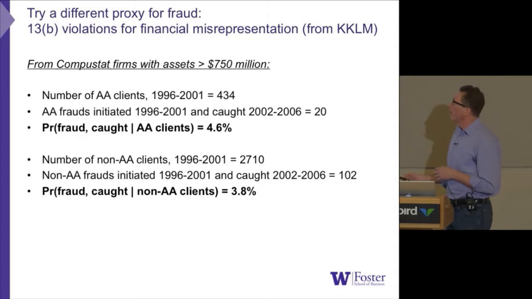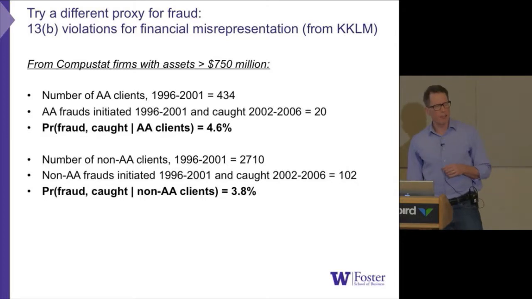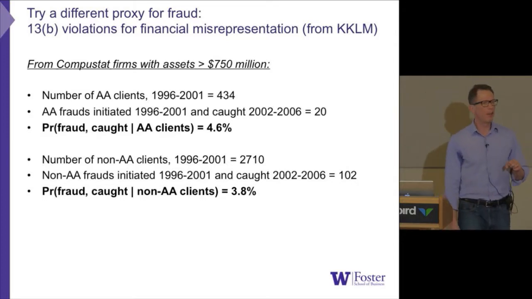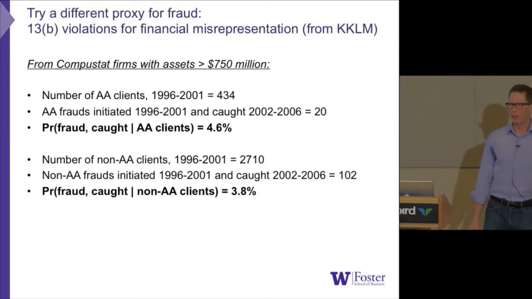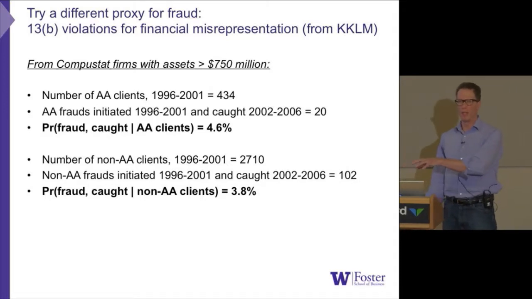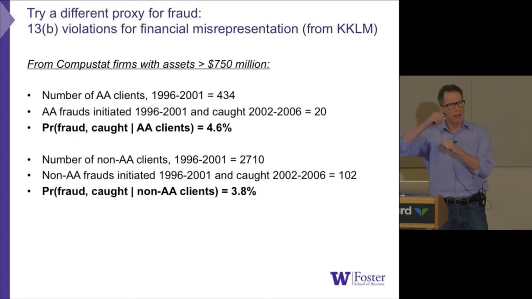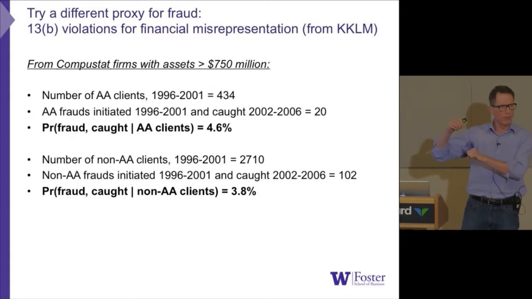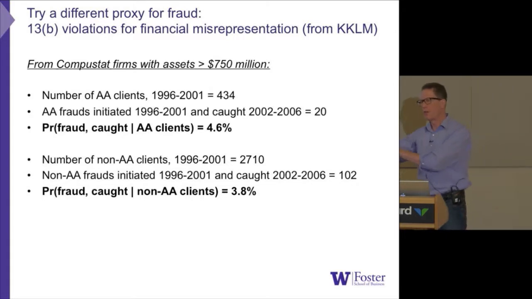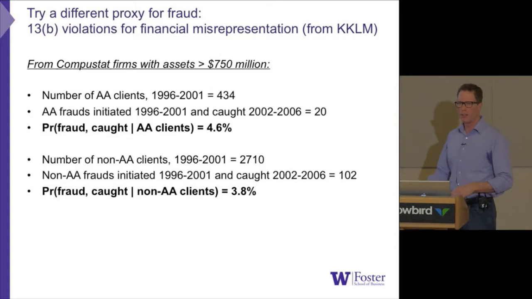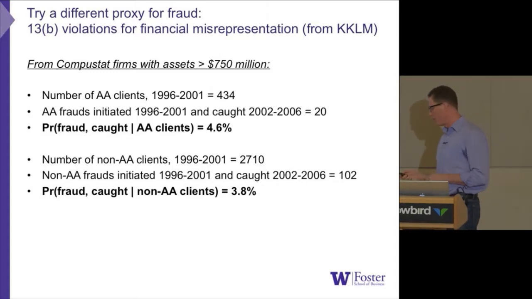Now, if you look at non-Arthur Andersen clients, it turns out that 3.8% of these non-Arthur Andersen clients were committing fraud before the meltdown of Arthur Andersen and were caught after the meltdown. So in other words, the gap between Arthur Andersen and non-Arthur Andersen clients that are subsequently caught is much smaller using this different proxy, this proxy which actually is catching more instances of misconduct.